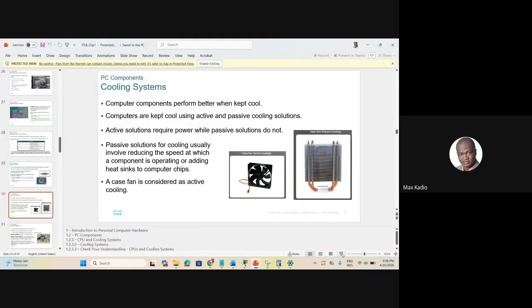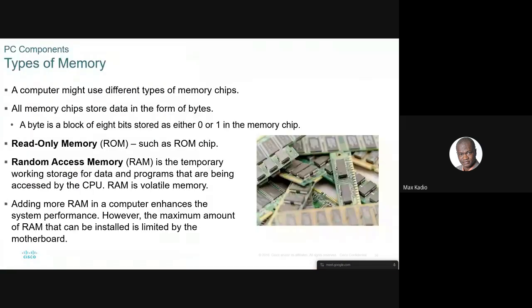After the CPU and the cooling systems, we have something called memory. Memory are these kinds of devices we plug in the PC to allow anything to be displayed on your monitor, like the eyes of a PC. No eyes, you cannot do anything.